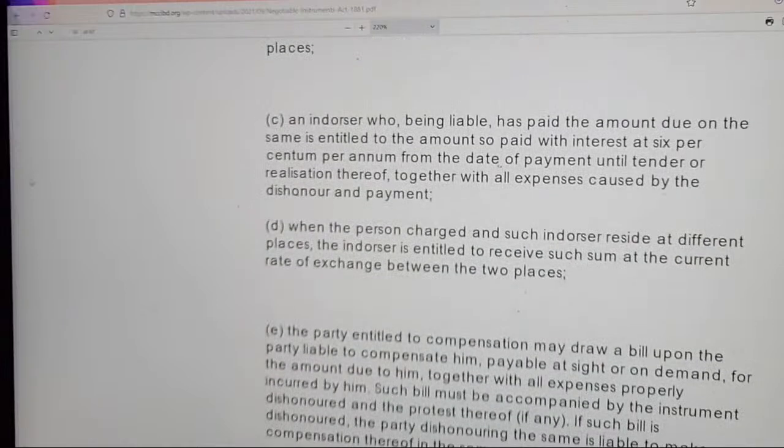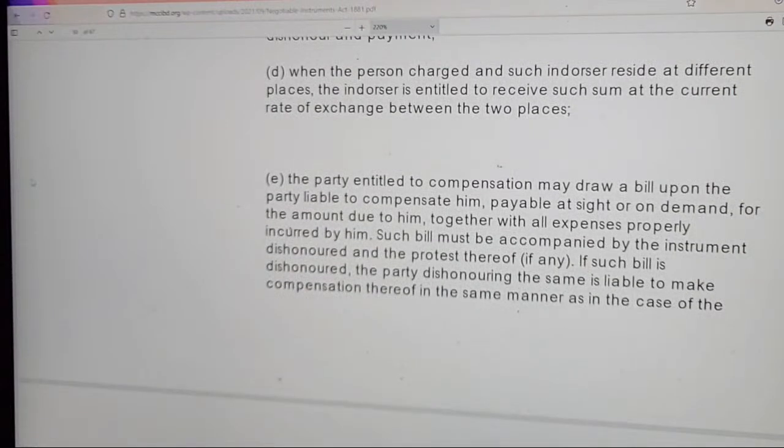C, an endorser who, being liable, has paid the amount due on the same is entitled to the amount so paid with interest at 6% per annum from the date of the payment until tender or realization thereof, together with all expenses caused by the dishonor and payment. D, when the person charged and such endorser reside at different places, the endorser is entitled to receive such sum at the current rate of exchange between the two places.